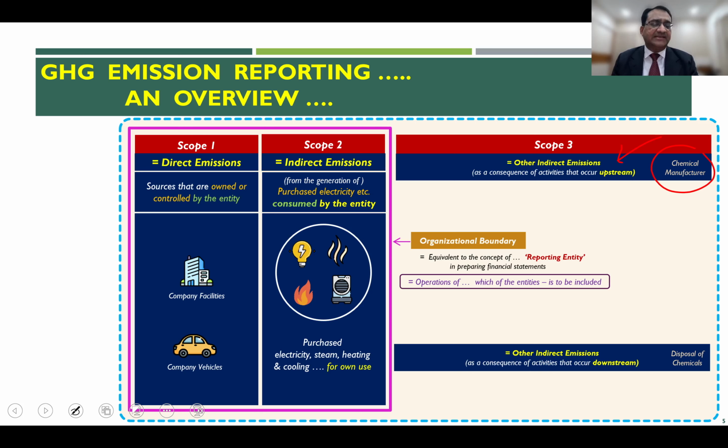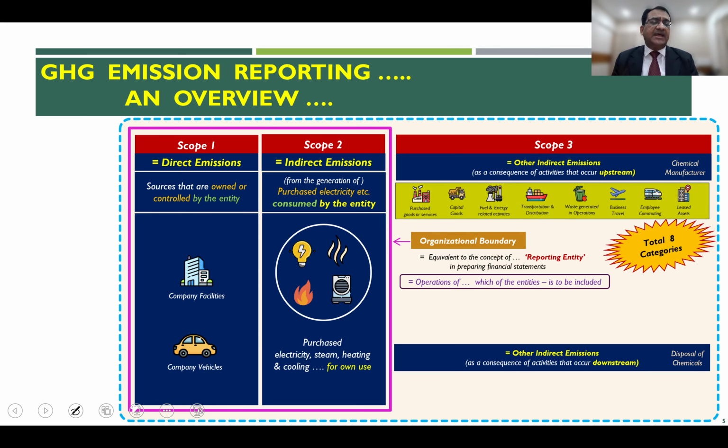And likewise, once the disposal of the chemical happens downstream, that would fall within other indirect emission in the downstream value chain of the chemical dealer, that is the reporting entity. Now, if you look at this, there are 8 categories of scope 3 upstream emissions which are covered, given here at the top of the slide, under the GHG protocol.